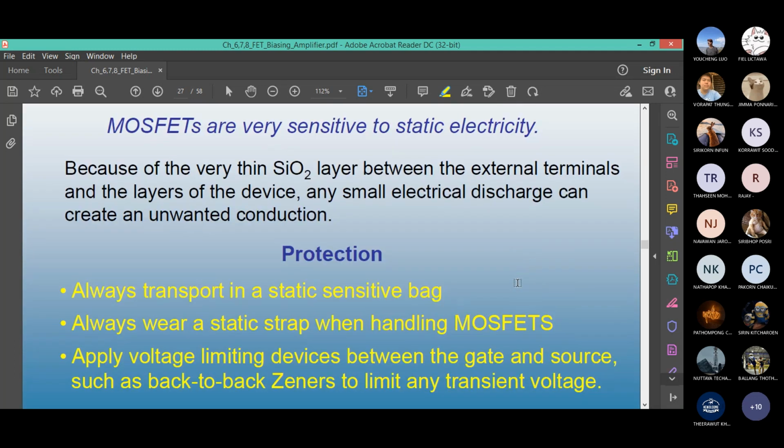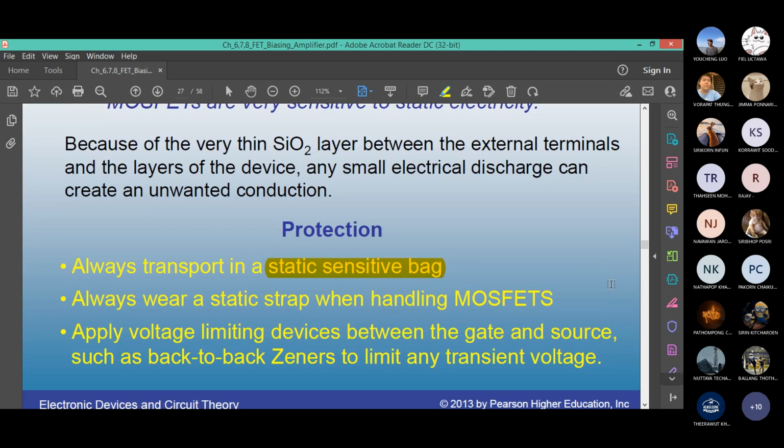So you have to use protection when you handle MOSFET. There are certain special bags which neutralize or protect from static electricity. Those are called static sensitive bags. Always transport in that special bag. If you are handling by hand, you have to wear a static strap.